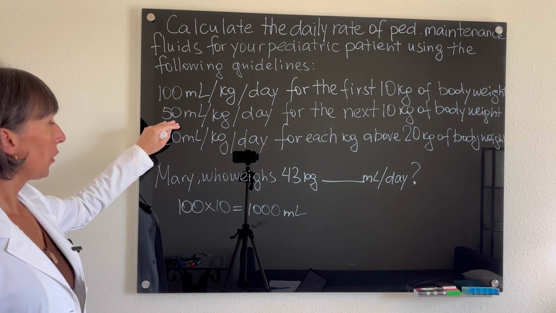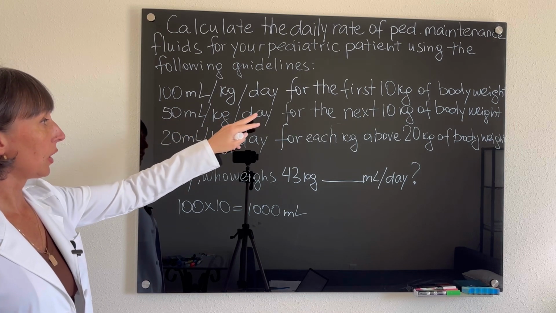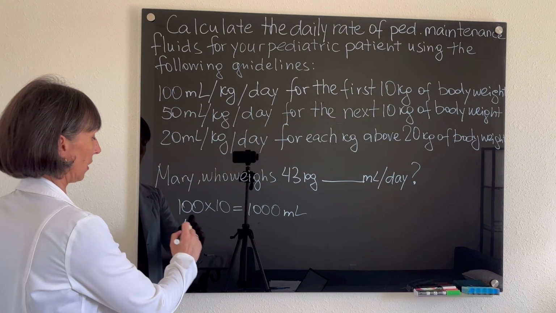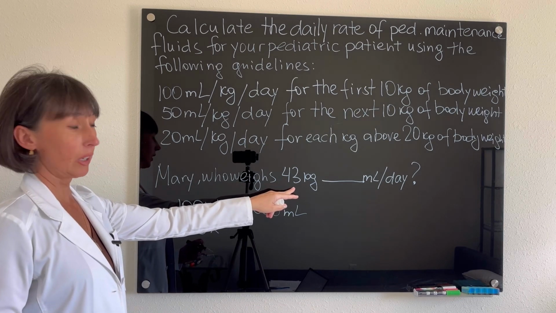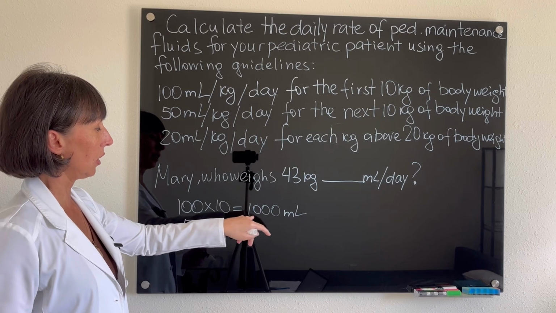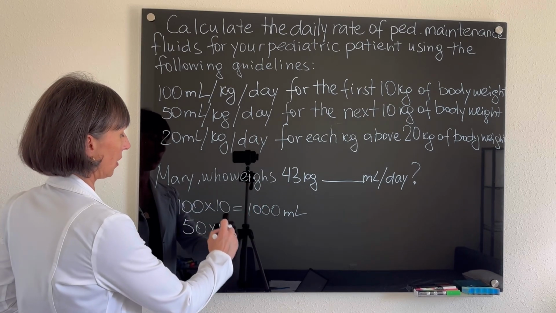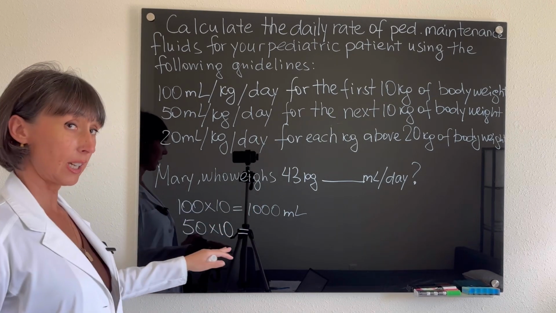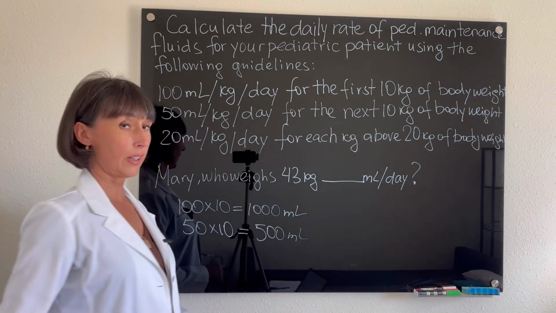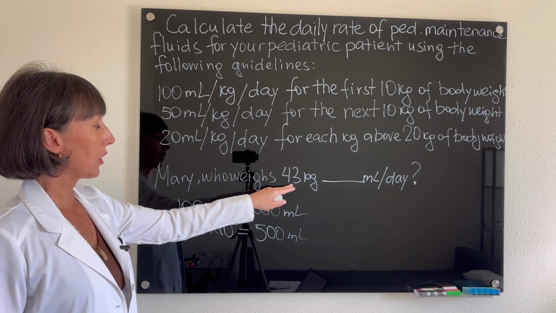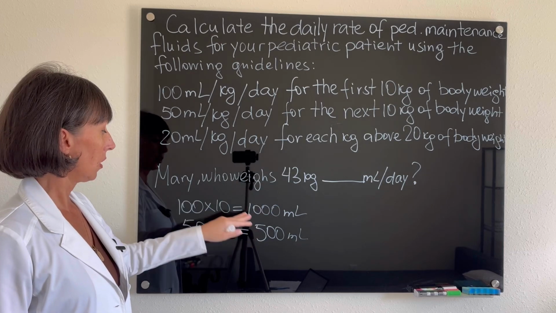Next line, 50 milliliters per kilogram per day for the next 10 kilograms. Do we still have 10 kilograms left in Mary? Yes, we used 10 for here. Now we use another 10 here. 50 times 10 is 500.